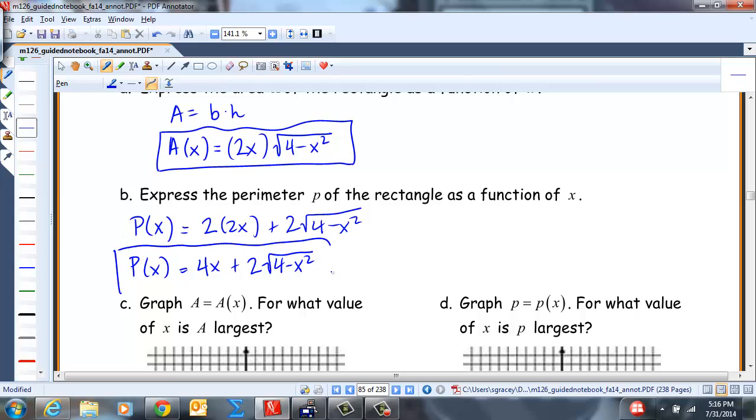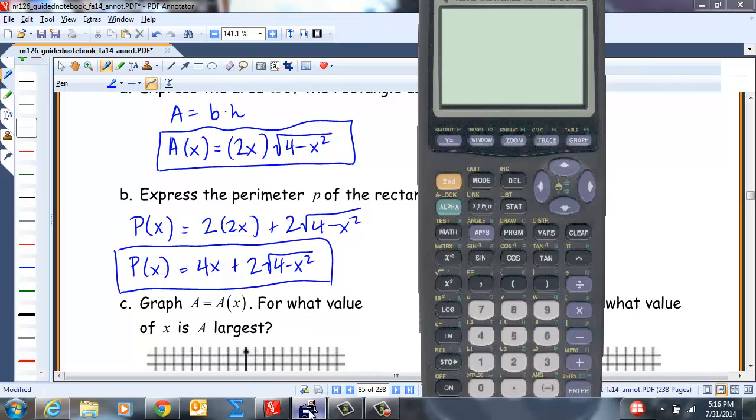On these, I think it would be good to do the graph using our graphing calculator instead of by hand. So let's take a look at what we have going on here. Let's go to our y equals. Clear. We'll do our area graph first.